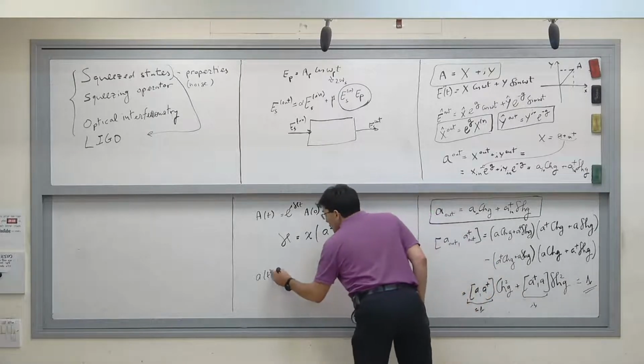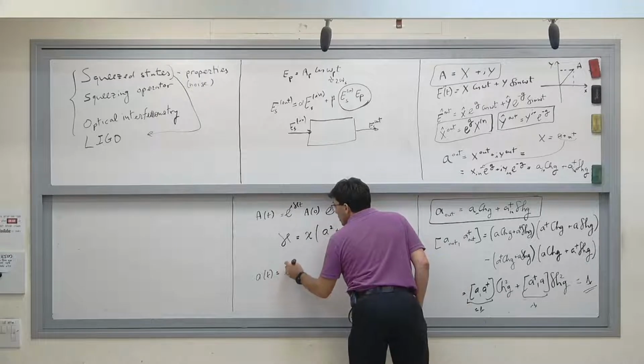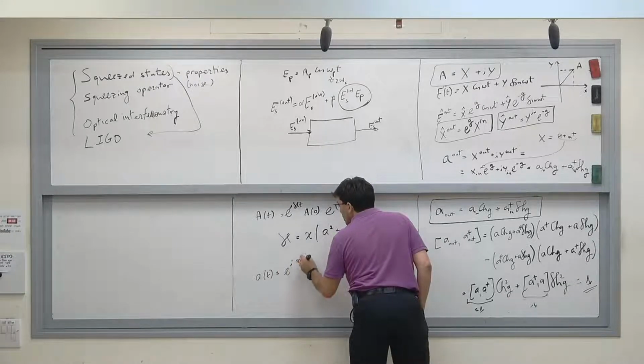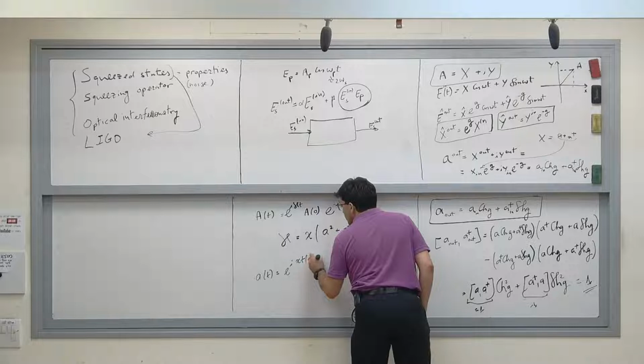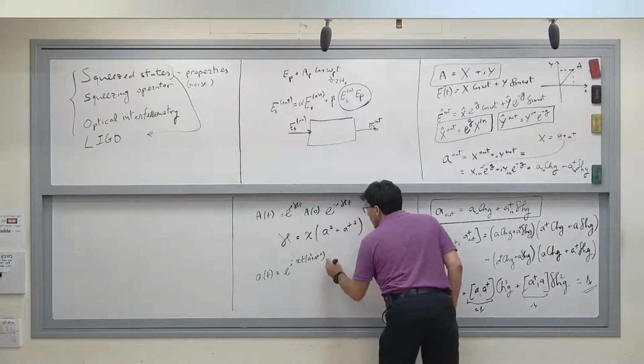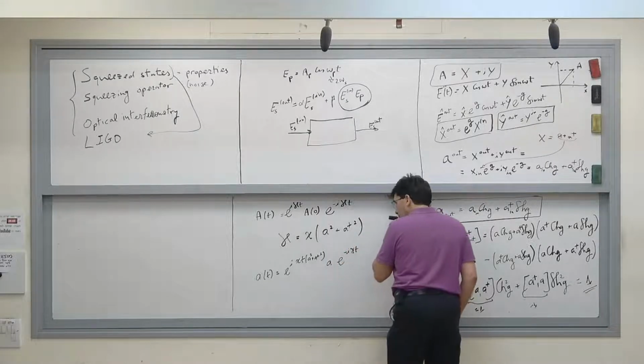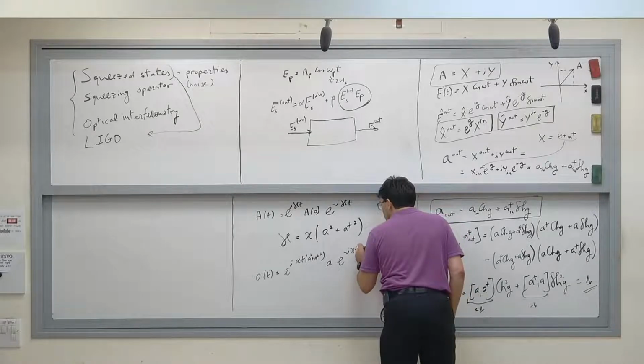And that is, well, it's this. So e to the i chi t times A squared plus A dagger squared, times A, times e to the minus i chi t times A squared plus A dagger squared.